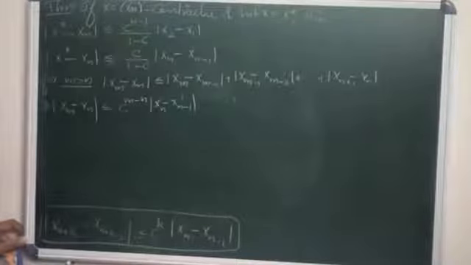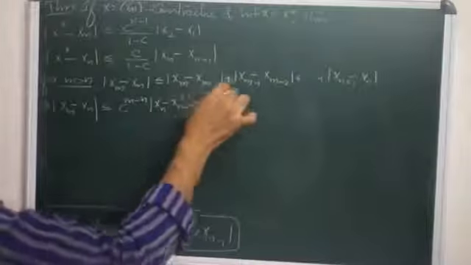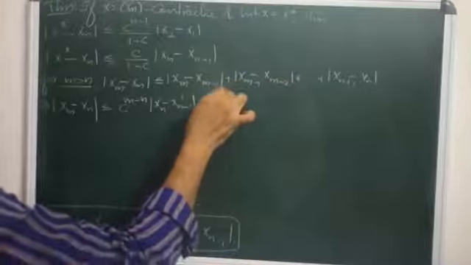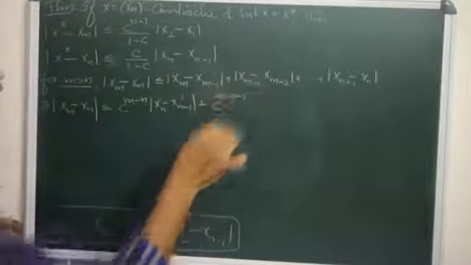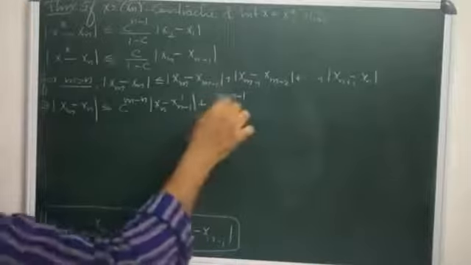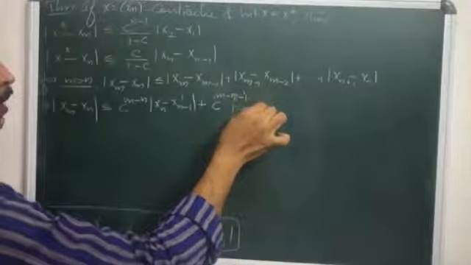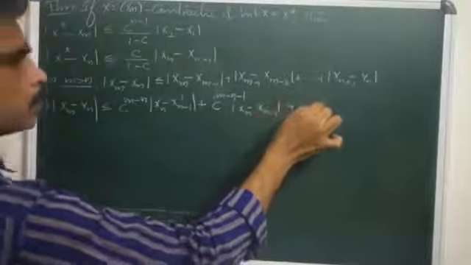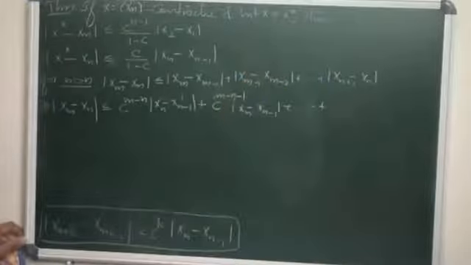Okay. C^{m-n} into mod x_n minus x_{n-1}, plus whatever this term, that is c^{m-n-1} into modulus of x_n minus x_{n-1}, plus etc., plus, what is the last term?